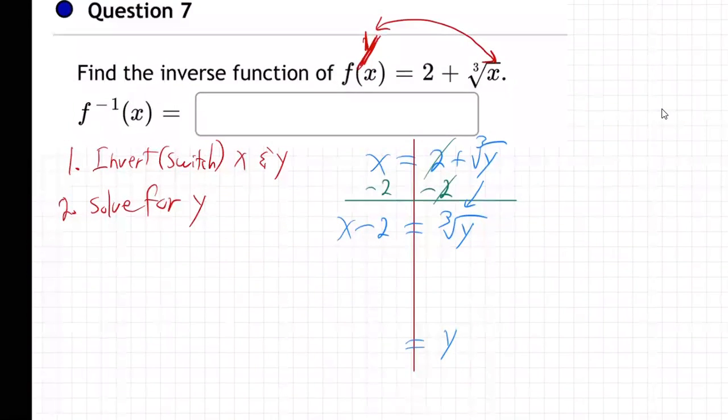So I'm trying to solve for y, which means I want y alone. So basically, I need to get rid of that third root that is on the y there. How do I get rid of that third root? What's the opposite of a third root?